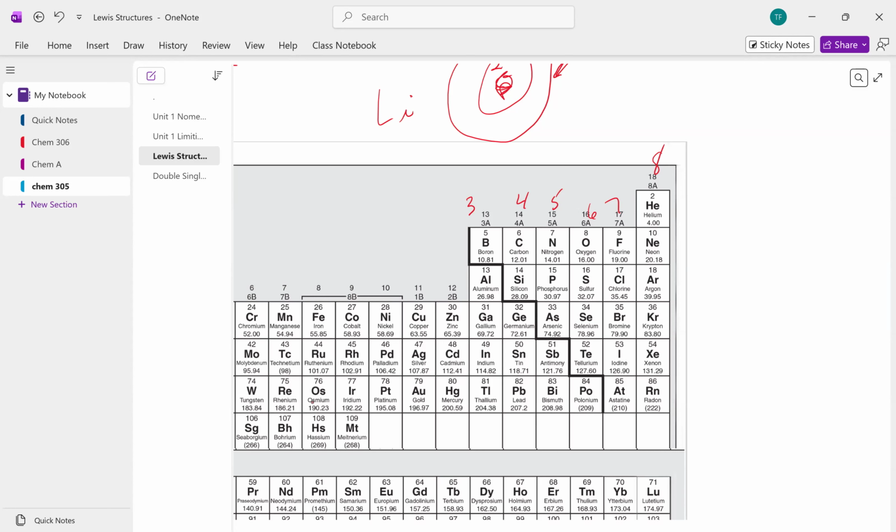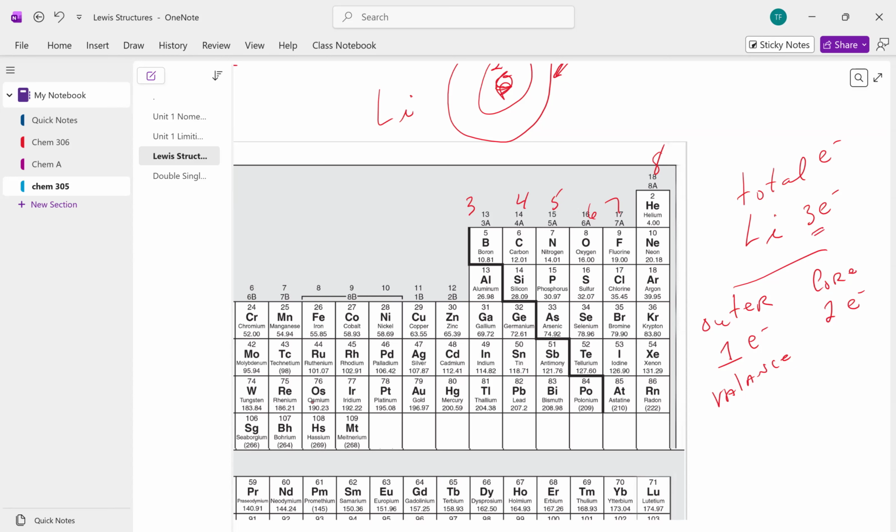Okay, so total number of electrons. Let's look at lithium again. 3 electrons total. Of those, the outermost electron has got 1. That's called valence. And the other 2 are called core, totaling 3.